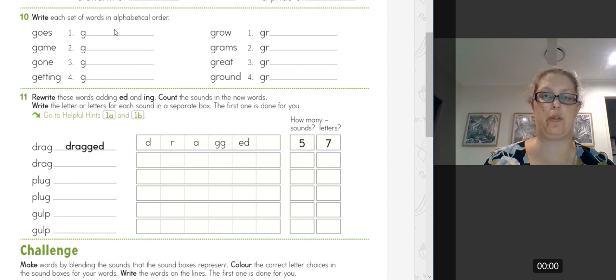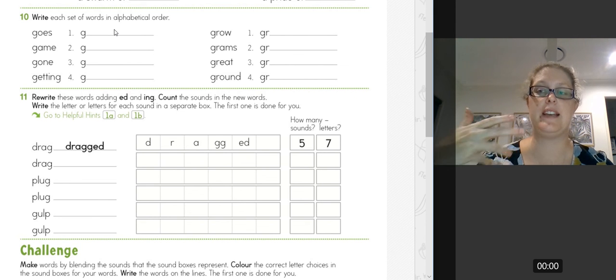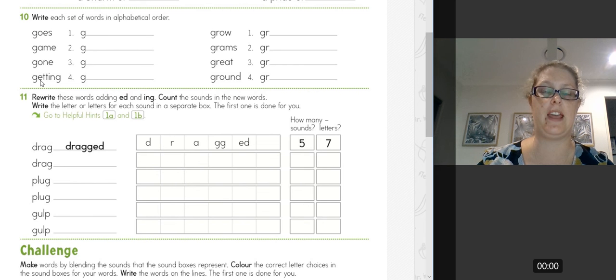Then you're going to go through and find which word has the second letter that comes next in the alphabet. So we've got the O, the A, the O, and the E. So getting with the E would come second, and I would write that on my second line. The next words, goes and gone, they're the last 2 left.